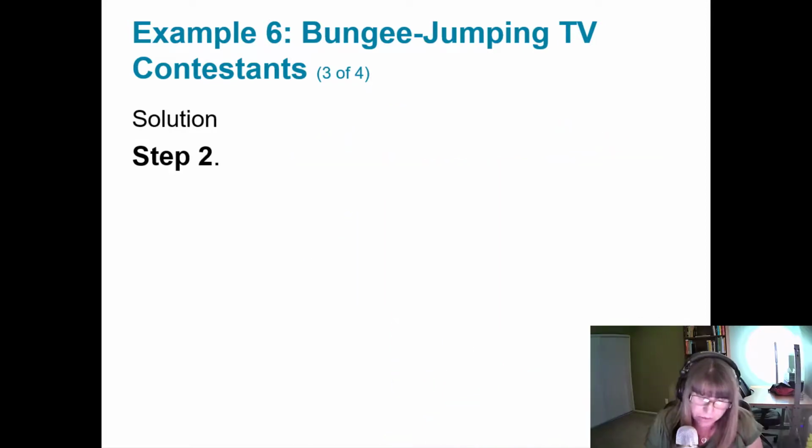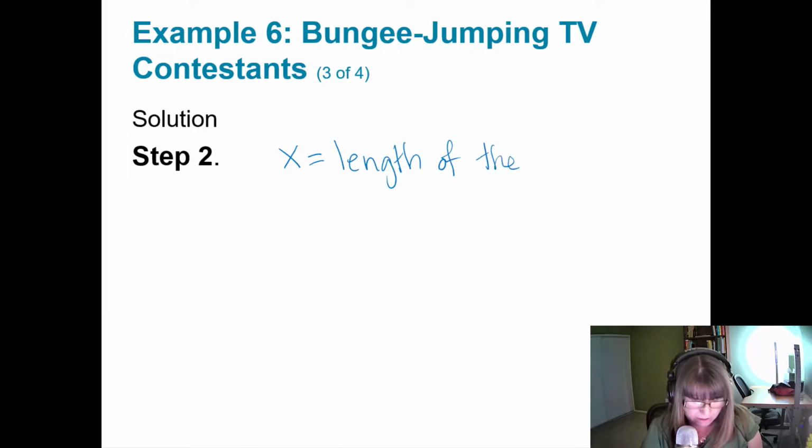So step 2, since we don't know what length of cord we need, I'm going to say X is the length of the bungee cord.